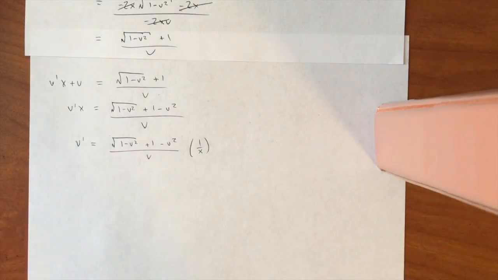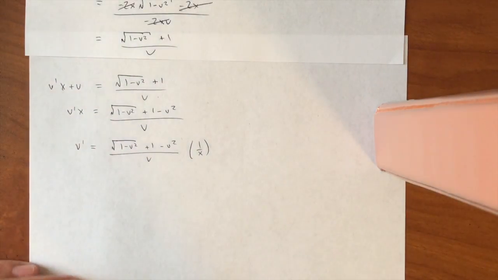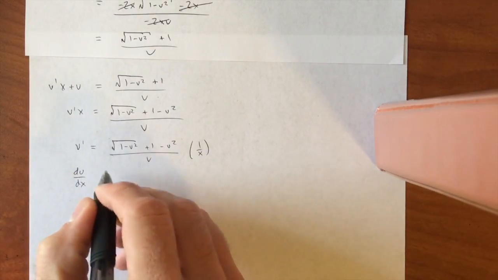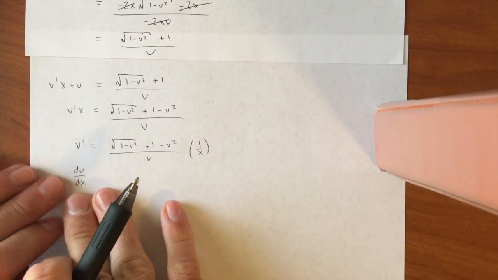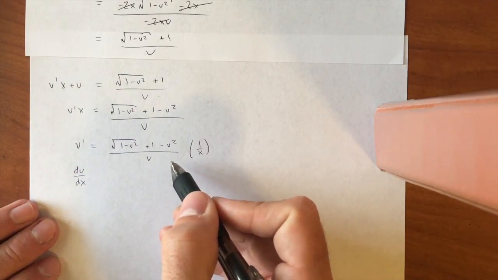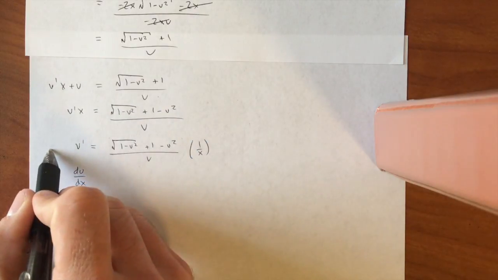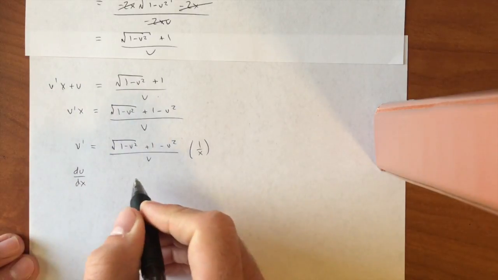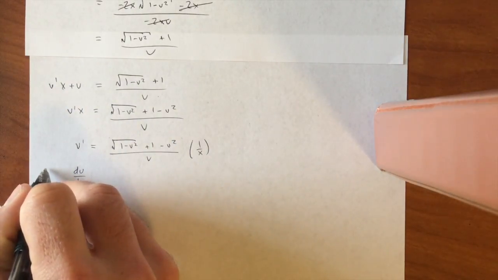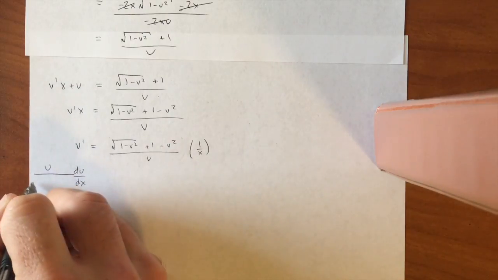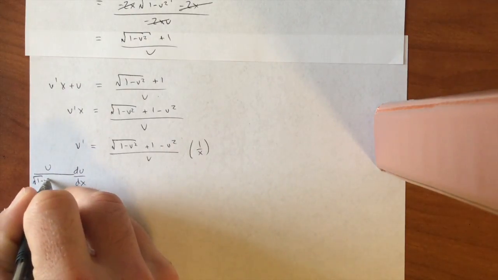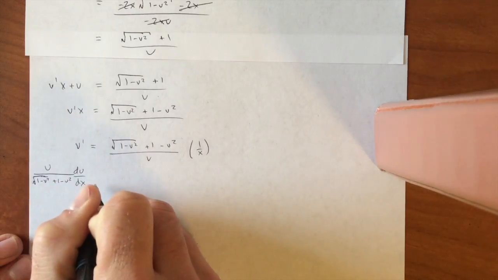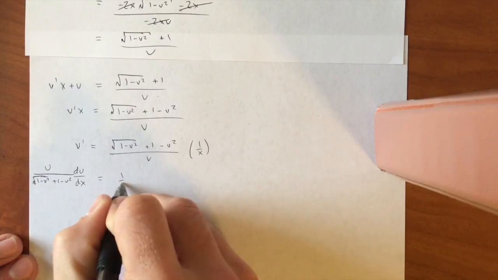If we look at this v prime as being dv over dx, and then, using that dv over dx, we're going to multiply, or technically divide, this whole term on this side and this side, giving us v, try and write it tiny, over the square root of 1 minus v squared plus 1 minus v squared, equals 1 over x.